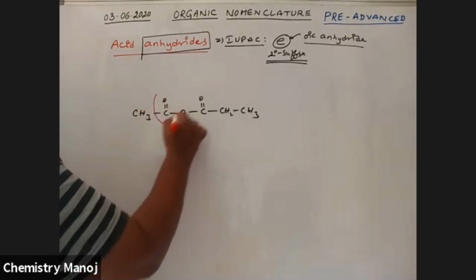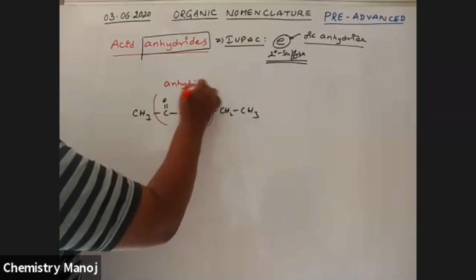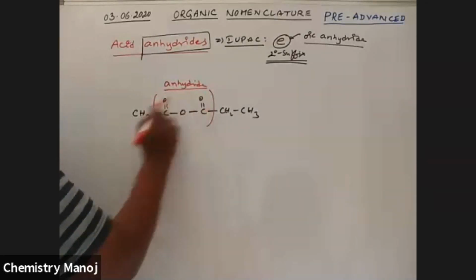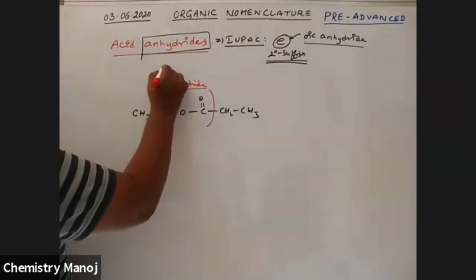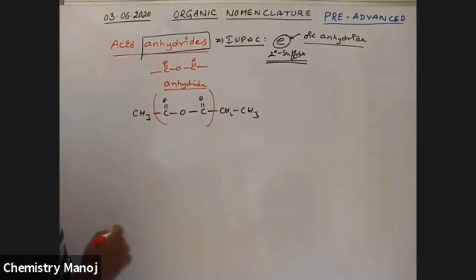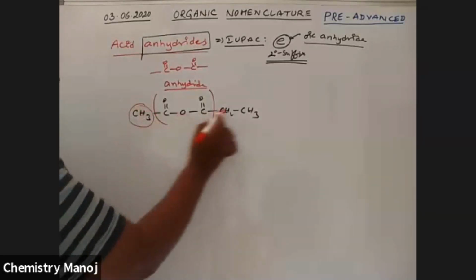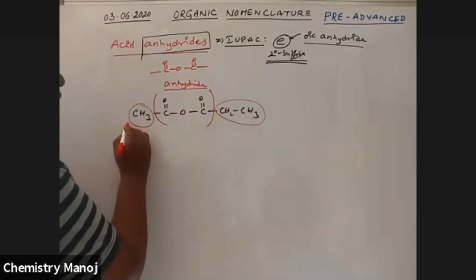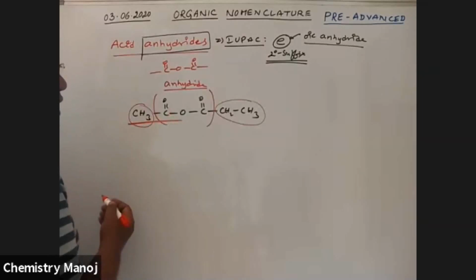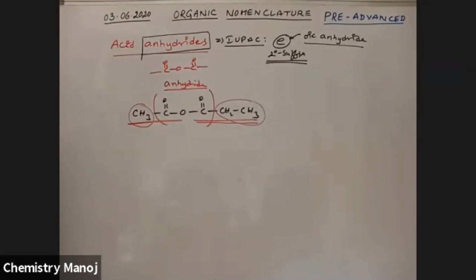So the functional group in anhydride, the anhydride functional group, that is COOCO, is the functional group of this anhydride. That is connected with here. It is a methyl group, it is an ethyl group. It is coming from ethanoic acid and from propanoic acid.